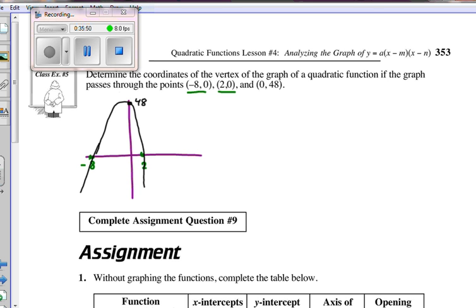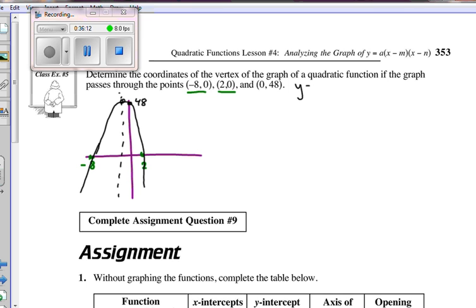So we want to get our axis of symmetry, or our vertex. Okay, well we know our m and n, but we don't know our a value, right? We need our whole equation in this form.